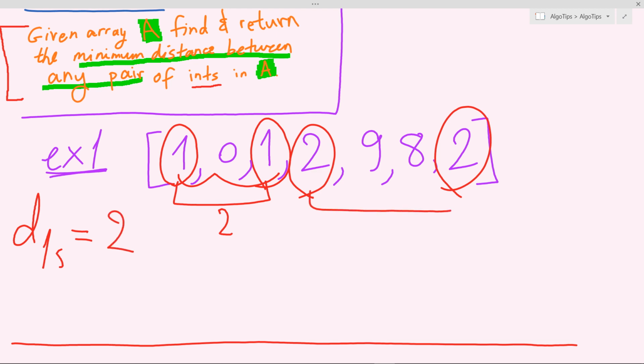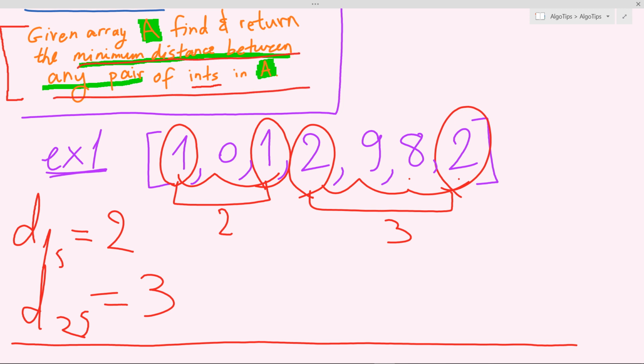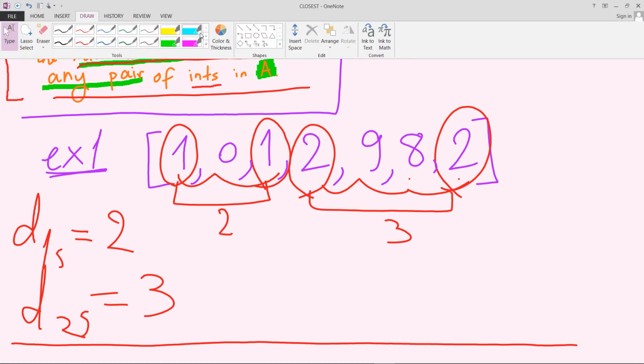And the distance between the twos, well, that's 3 spaces. There are 3 steps we need to take. So let's write that. And so, the final value, or the minimum distance between any two pairs, is equal to the minimum of these two. So we take the number 2.